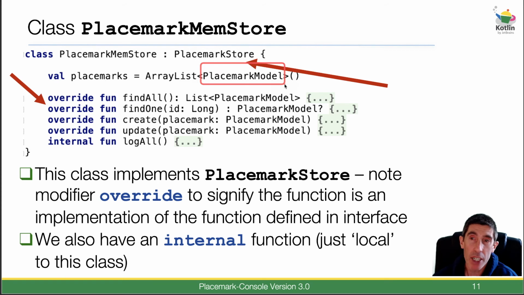If you can remember, that's our data class that just has the ID, the title and description. So that's going to be managed and be accessible within our placemark mem store. Each of these, find all, find one, create, update, will interact with this particular placemarks variable.